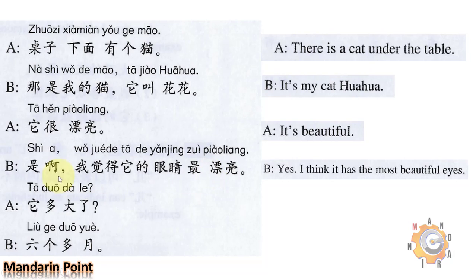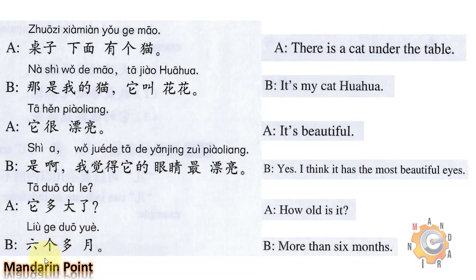So yes, I think it has the most beautiful eyes. Duo da le. It means how old it is. 6 more than, more than. Yue means month. So more than 6 months.